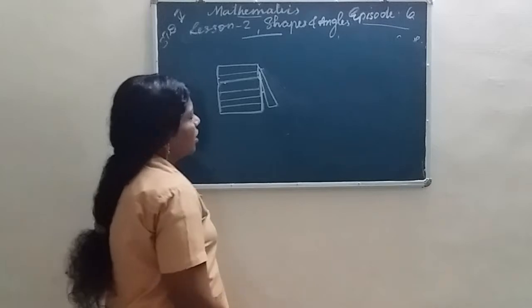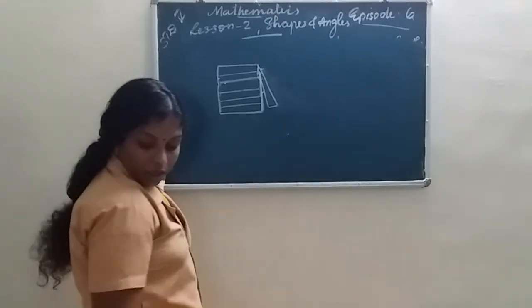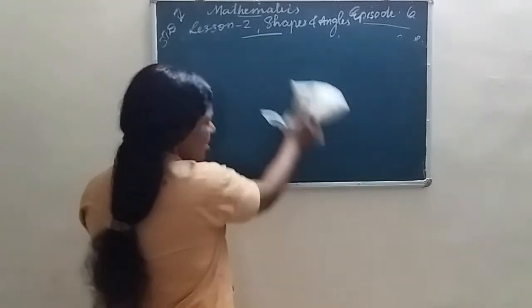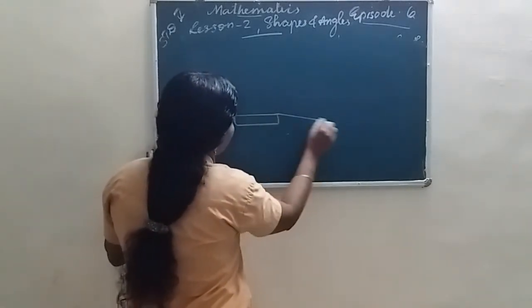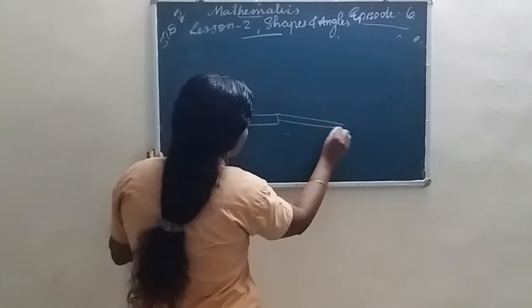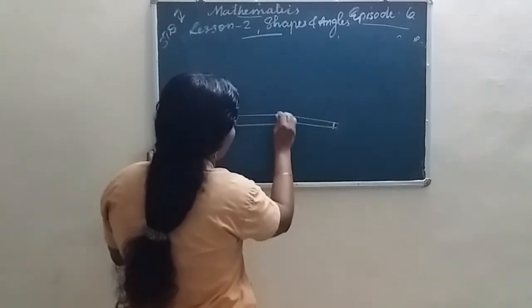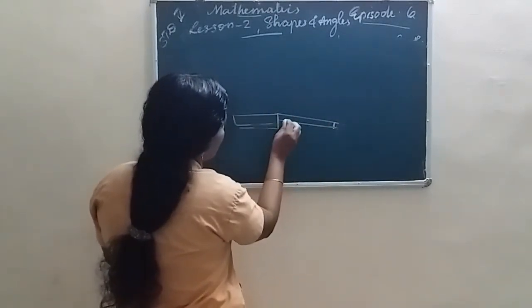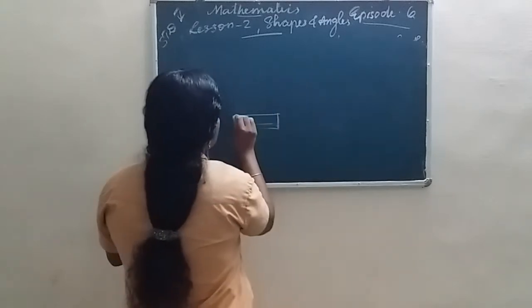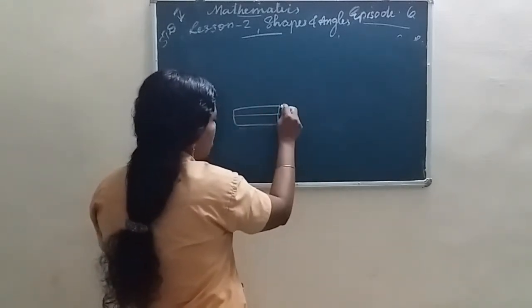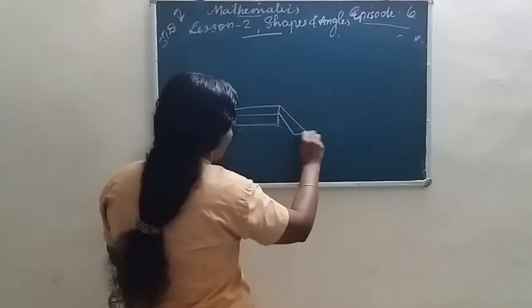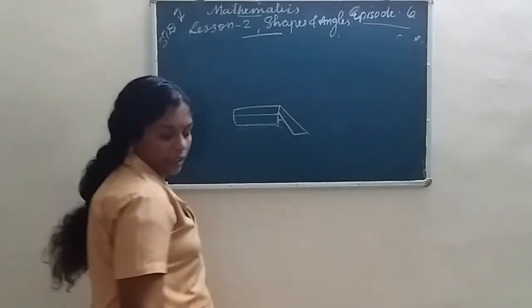Then the angle is again less. In case of less number of books, one book you place another book, the angle becomes large. Okay, large. If two books are placed one upon another, the angle becomes large like that.